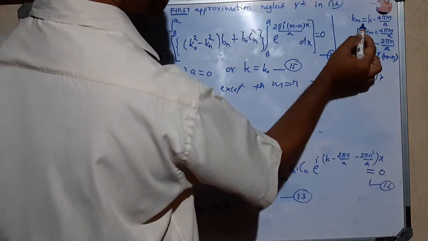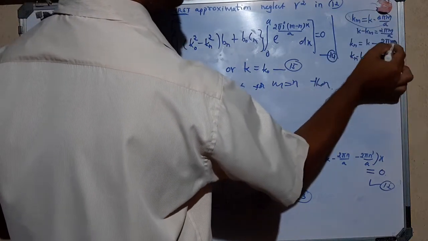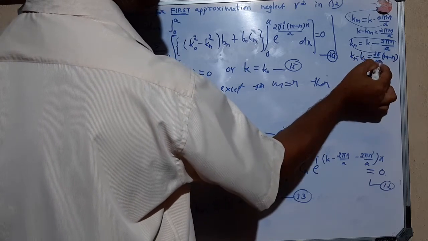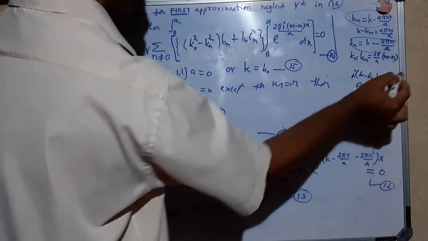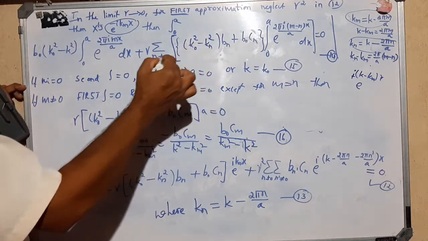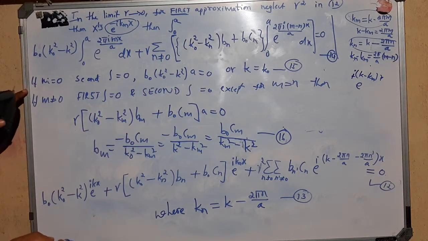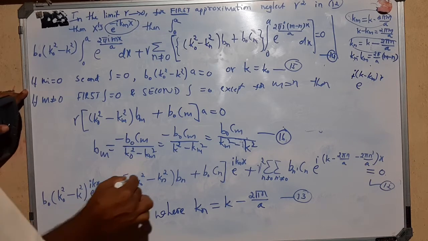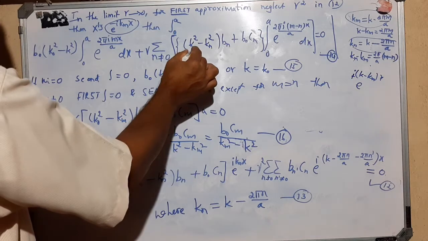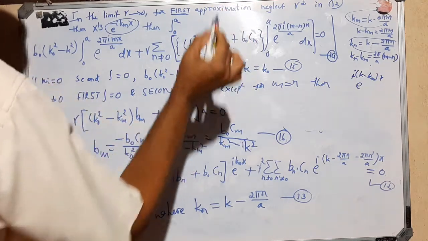What happens? km is this, kn is this, subtract kn minus km. You are getting 2 pi by a into (m minus n). See, this is what you are getting here. So, sorry, here, yes. When you are considering this, this is the term you are getting.